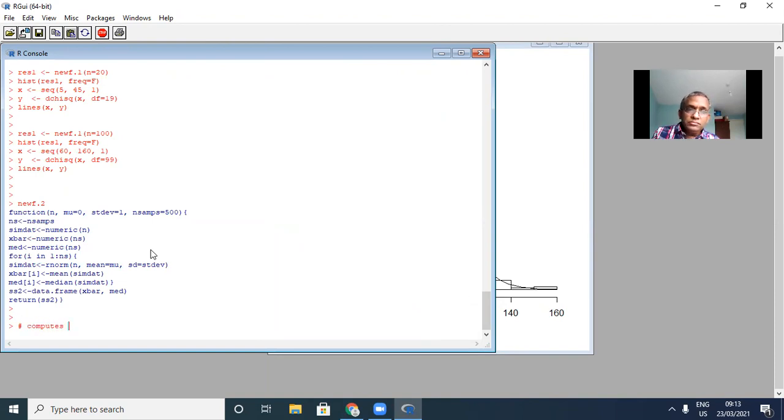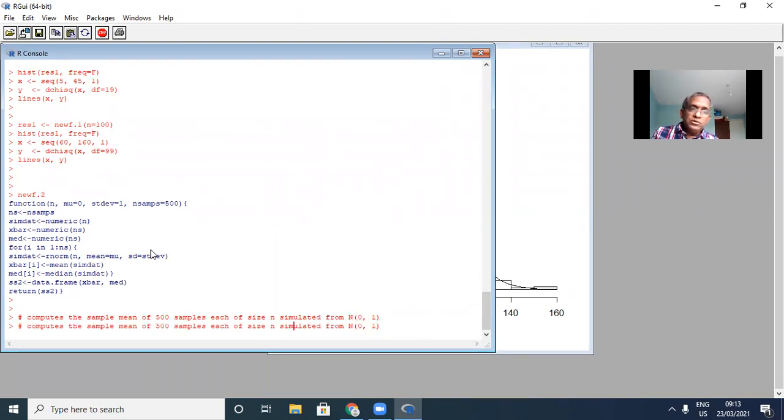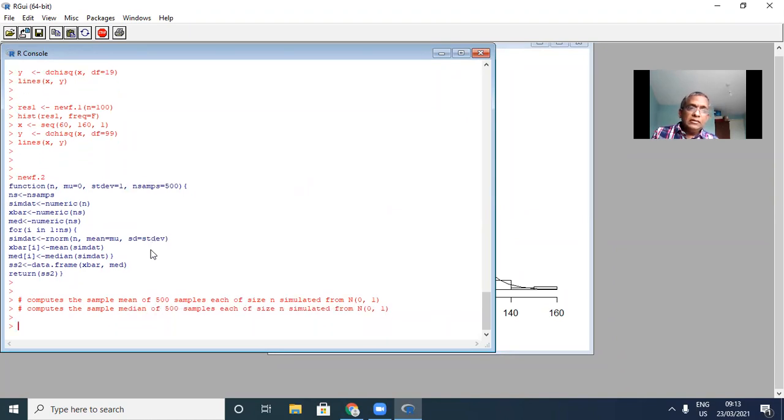First, it computes the sample mean of 500 samples each of size n simulated from the standard normal, right? And it also computes the sample median for 500 samples, each of size n, simulated from the standard normal.